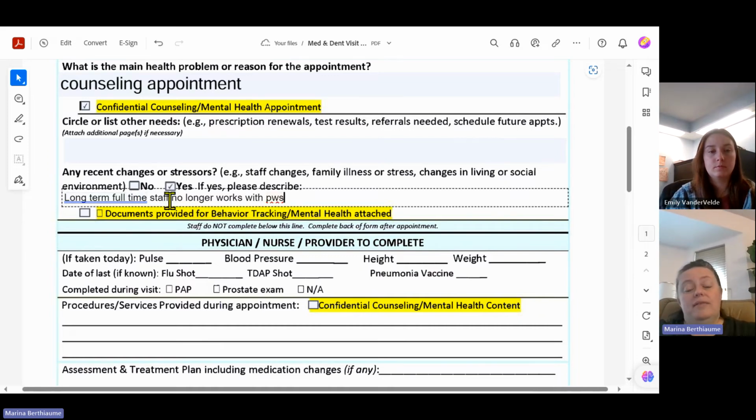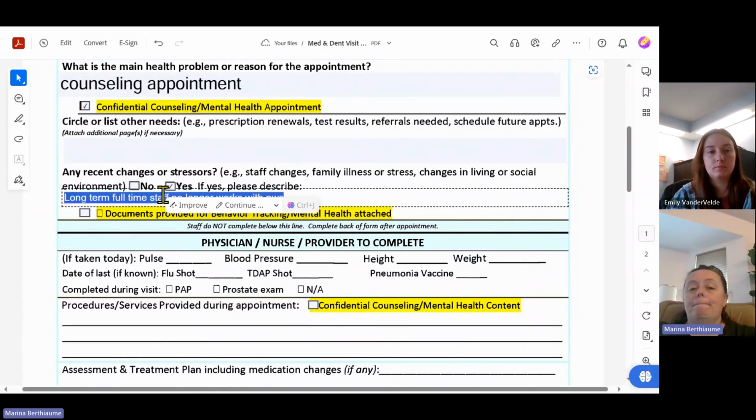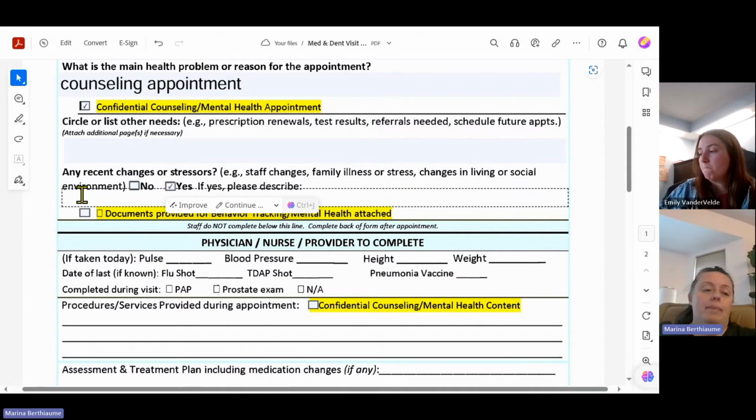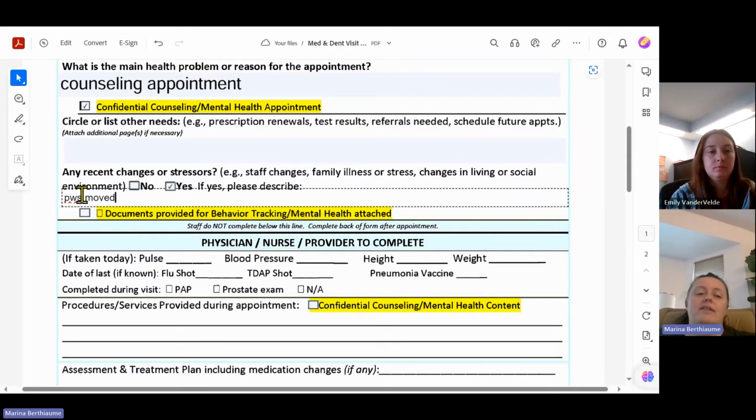That's a major change for a lot of people, and it's good for any medical providers to know if something major like that has happened. The person we support moved. That's another life stressor, or a family member passed away. So you're going to write that down there.